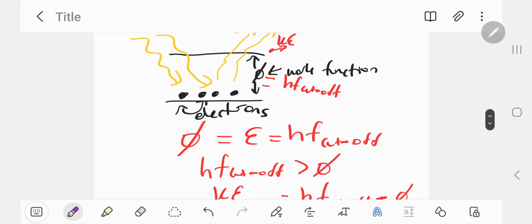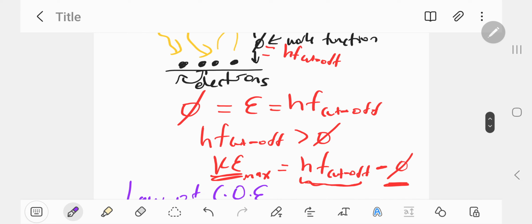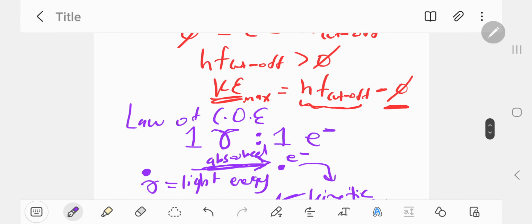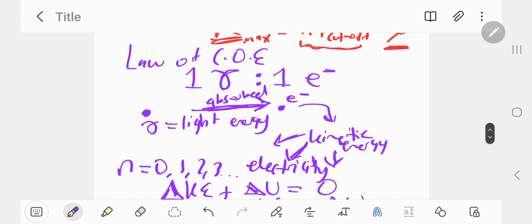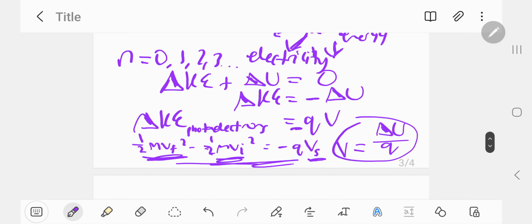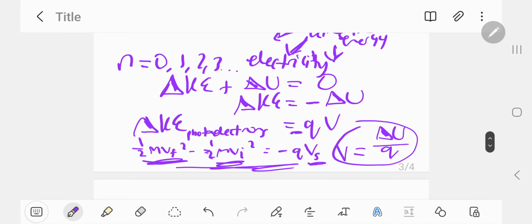And if the incoming energy is greater than the work function, the leftover energy is translated into kinetic energy of the emitted photoelectrons. And through the law of conservation of energy, for every one photon, one photoelectron is ejected. And you can rearrange the law of conservation of energy to work out things like the stopping voltage and the kinetic energy.